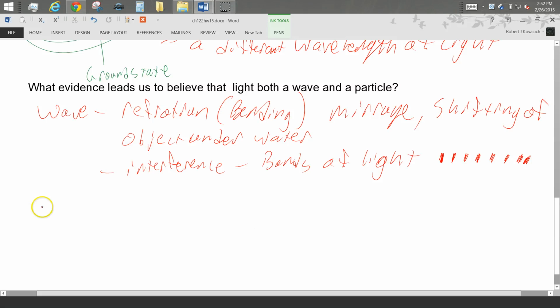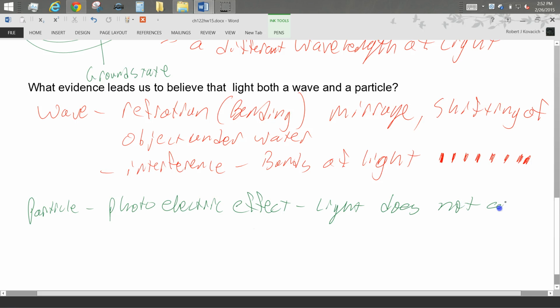And what is it about light that makes it look like a particle? The photoelectric effect. So being able to move an electron only with specific amounts of energy. So light does not add up to have more energy.